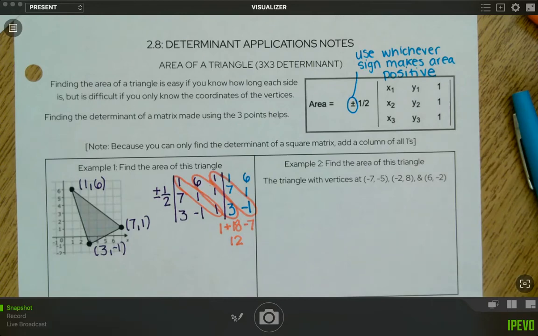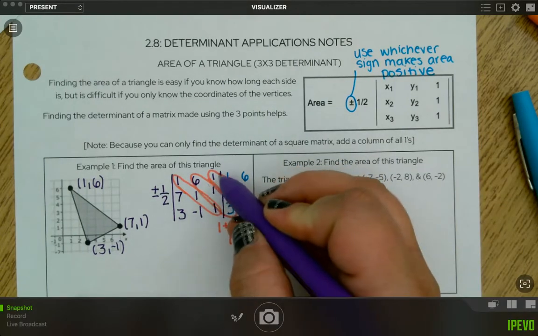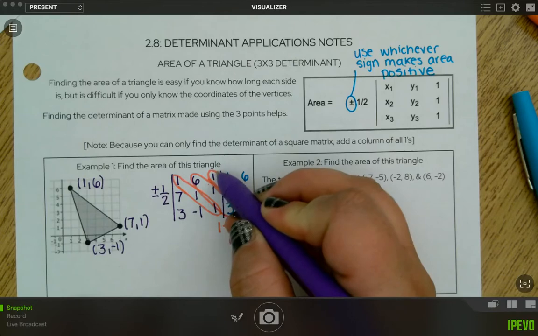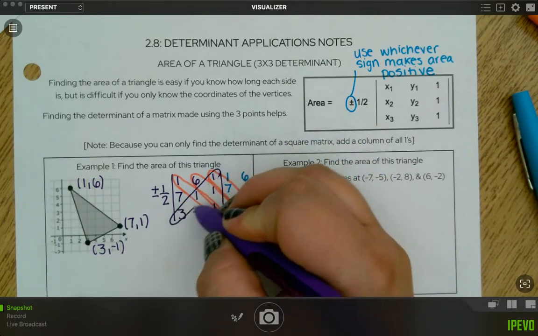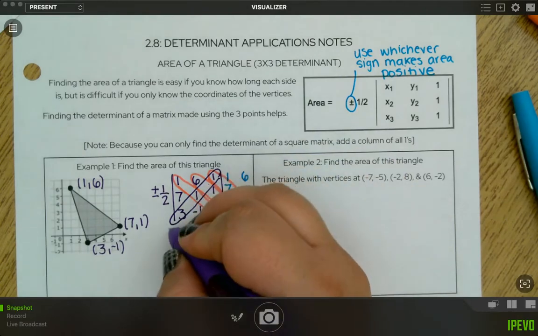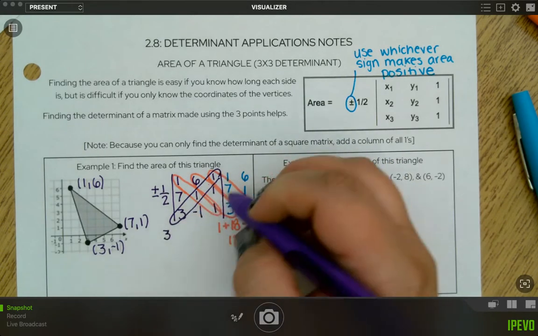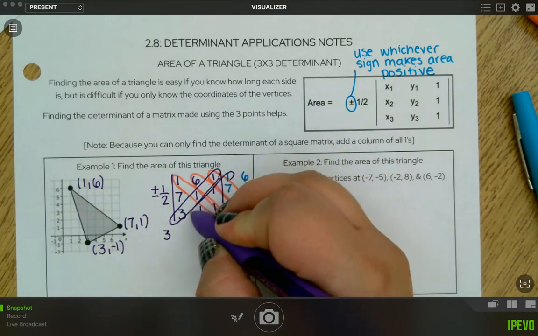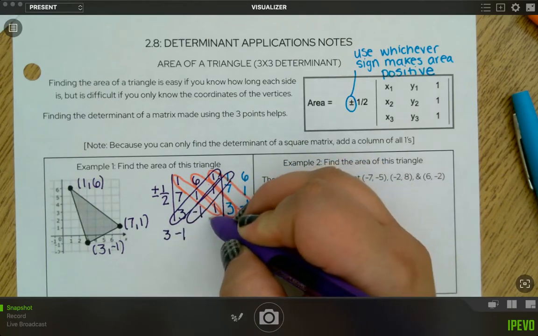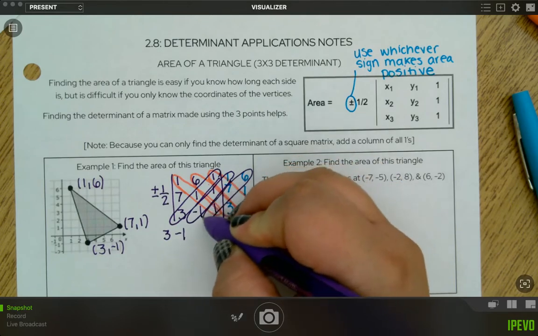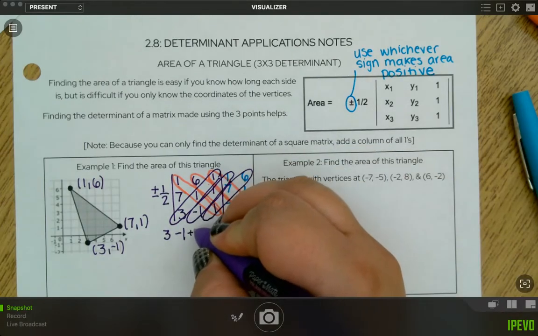Then you're going to do it with your diagonals that go down and to the left. So 1 times 1 is 1, times 3 is 3. 1 times 1 is 1, times negative 1 is negative 1. And 6 times 7 is 42, times 1 is still 42.